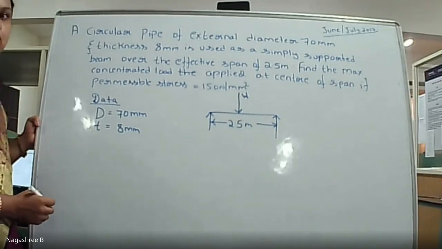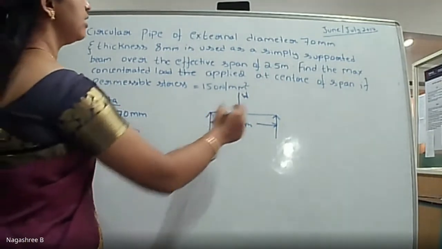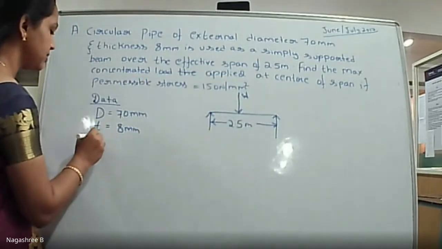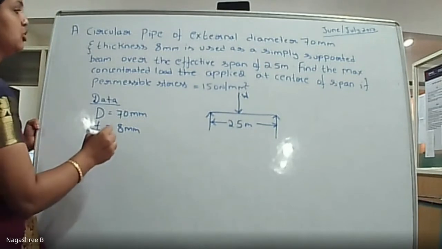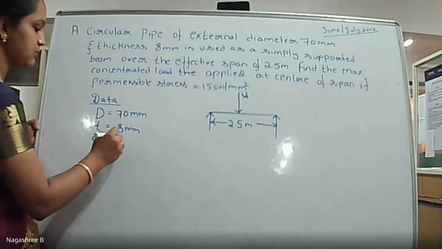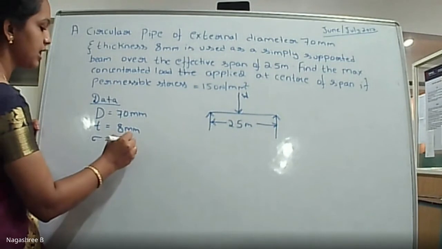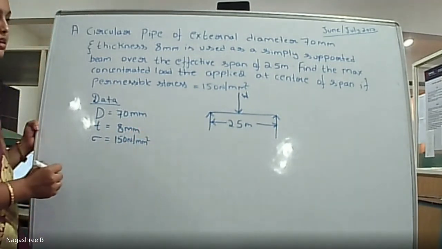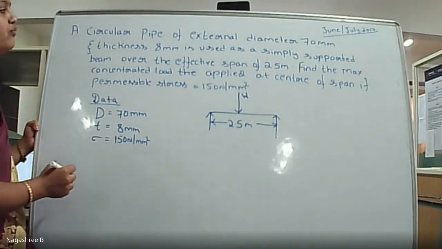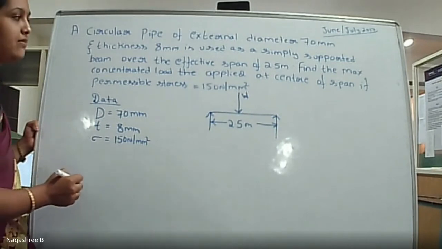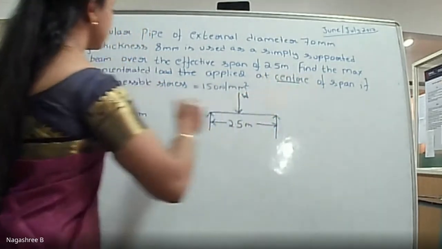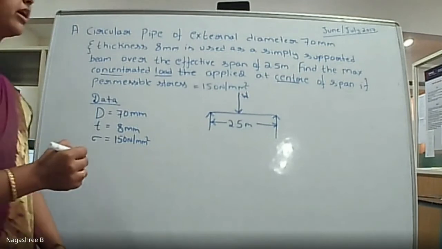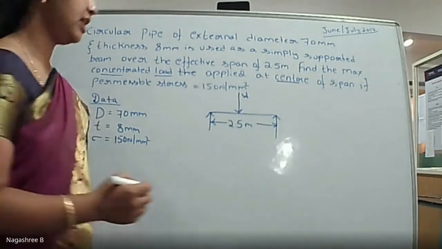They have also given the permissible stress in bending as 150 Newton per mm square. We are supposed to find the value of the center concentrated load by using the bending stress equation.